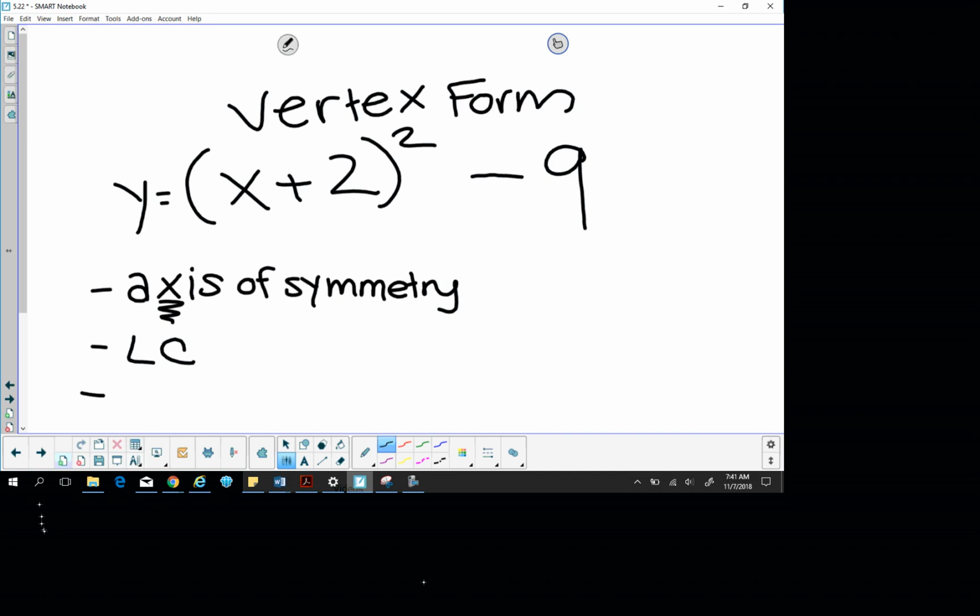Not solution. Look at your paper. In vertex form, what does it give us? Min, max. And lastly, the vertex, right? So direction it's facing. In front of there, if there's no number, what's the invisible number? 1, right?